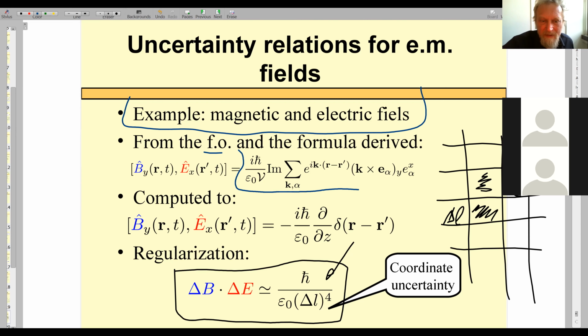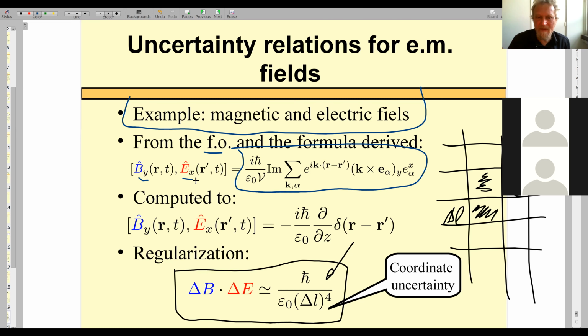in K representation. So there is uncertainty between two components of the fields, the magnetic and electric one. And after substitution of the expressions for the field operators, that's what we got. It's a bit funny how to interpret this.